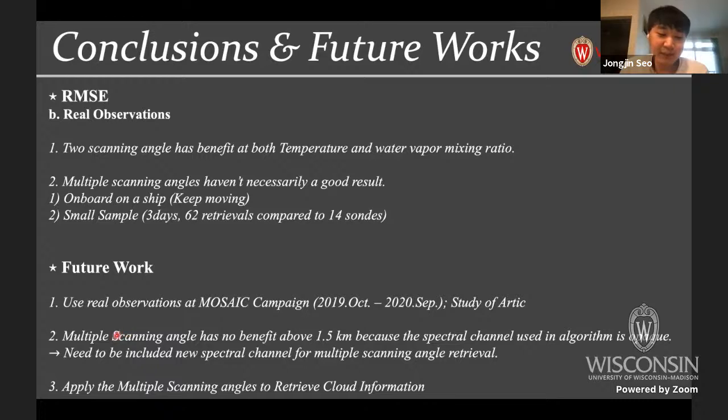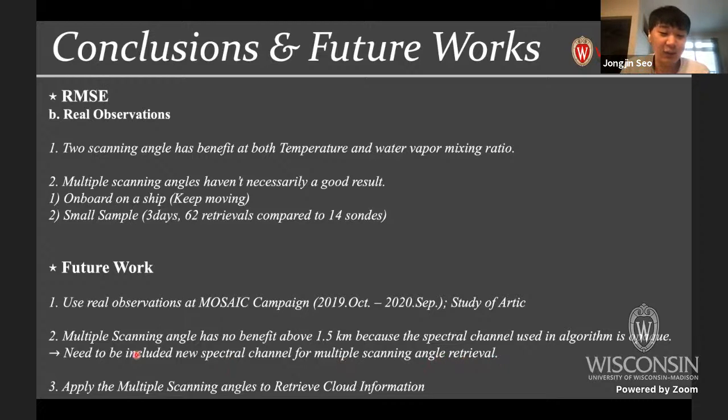And also, we found that the multiple scanning angle has no benefit above 1.5 kilometers from the ground, because the spectral channels used in the algorithm are opaque at that altitude. So we are going to try to find new spectral channels for multiple scanning angle retrievals.